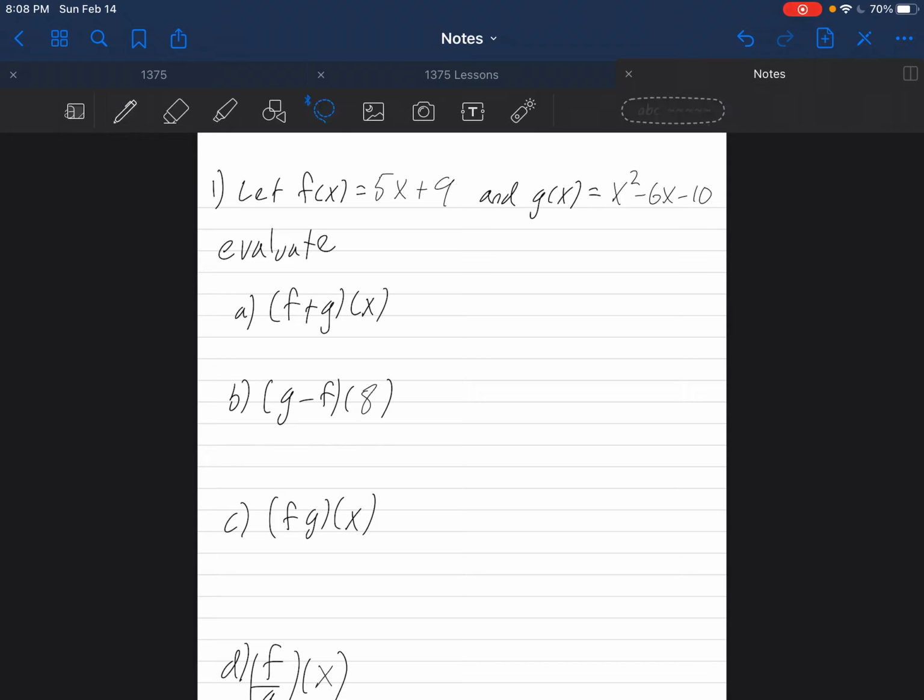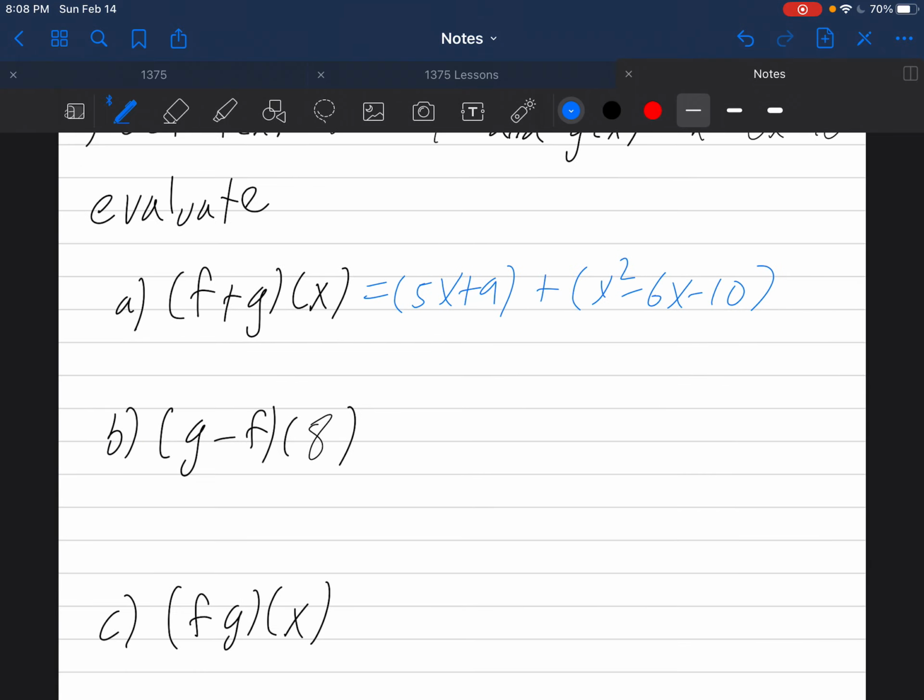So here we have f of x defined as 5x plus 9. We have g of x defined as x squared minus 6x minus 10. So if we were to evaluate, let's say, f plus g of x, then we would simply be adding 5x plus 9 plus x squared minus 6x minus 10.